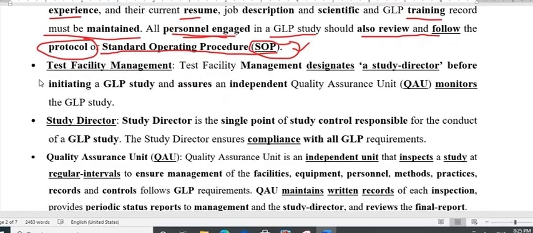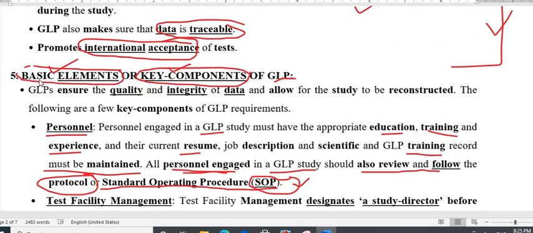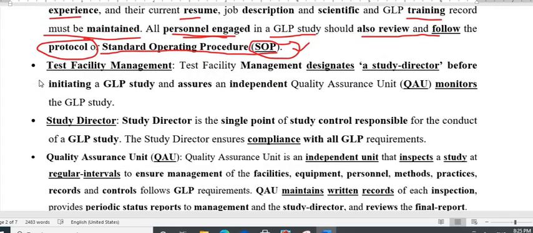Now the second point under the key components or elements of the GLP is the test facility management. Under the test facility management, the management has to designate a study director, as well as designate a quality assurance unit.